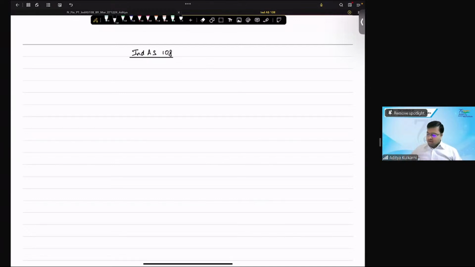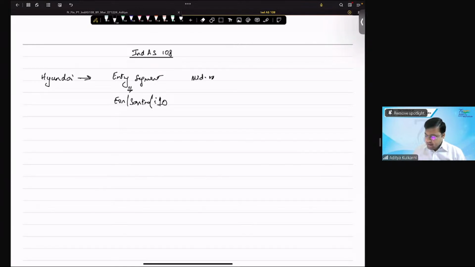So if I talk about a company like Hyundai, I will be having an entry segment. In your entry segment, you will have cars like Eon, Santro, i10. Then mid-range hatchbacks. You have the i20 that is currently there, i20 and i20 Active.